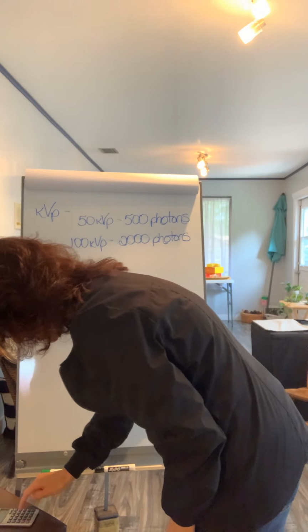Not enough exposure on that, so it's too light, underexposed. So you had to go back and fix that. What's one way you could fix it? Well, I told you the one way you could fix it is you could go back and double your mAs value, leave the kVp alone. So you could use 60 kVp at 4 mAs, and that would double your exposure of this original one.